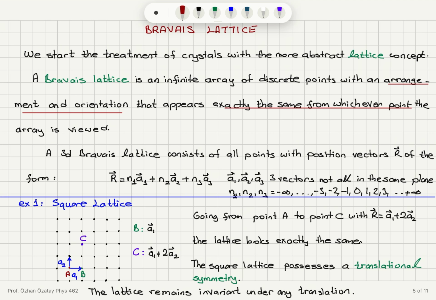So in order to go from one lattice point to another lattice point, we need to have a translation vector that includes integer multiples of these three vectors.